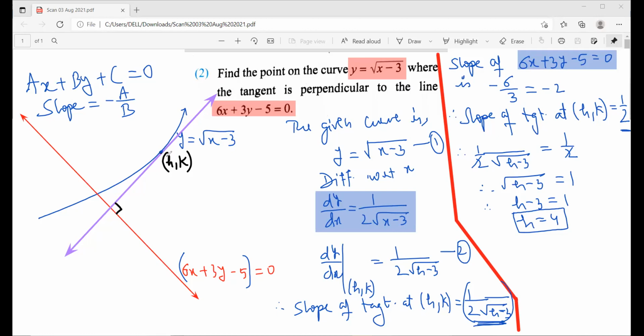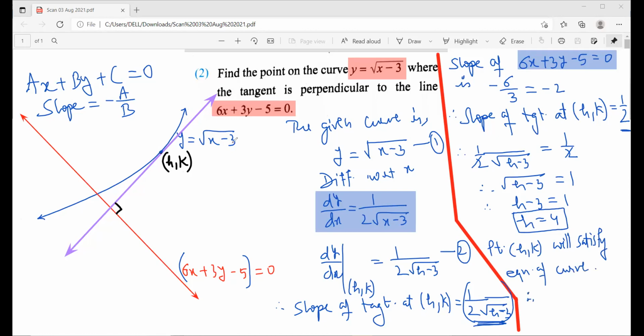This point h comma k lies on the curve. What does that mean? The coordinates of the point will definitely satisfy the equation of the curve. So here I will write, point h comma k will satisfy equation of curve.